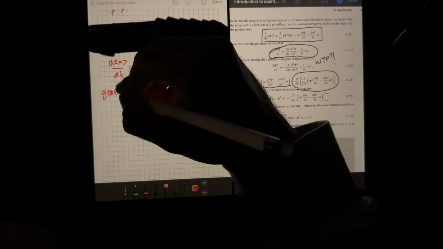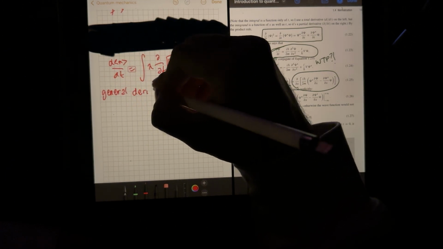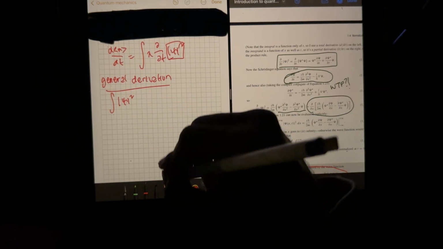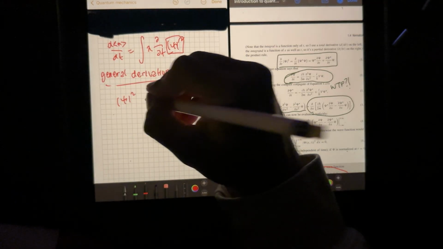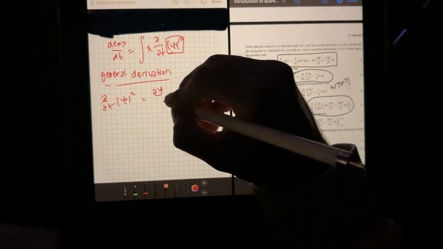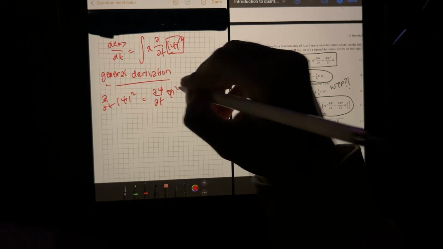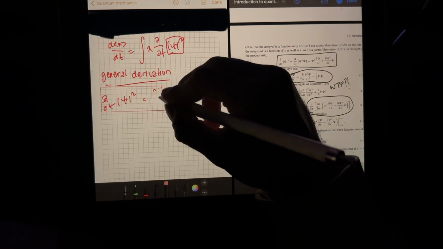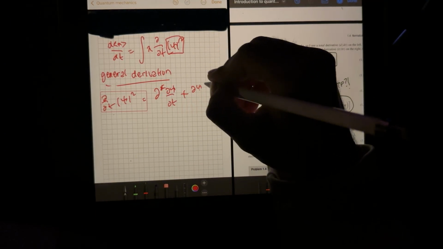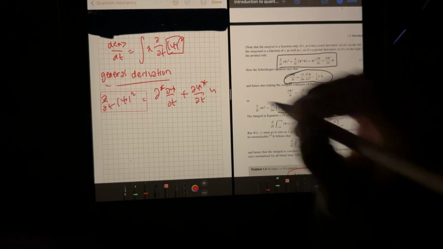So the general derivation would simply be ∂/∂t of |psi|^2, which is psi conjugate ∂psi/∂t plus ∂psi conjugate/∂t psi.